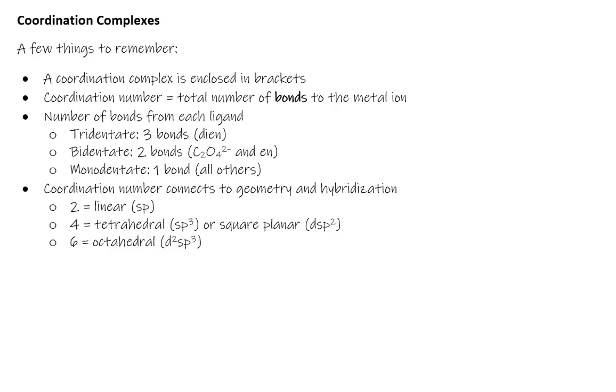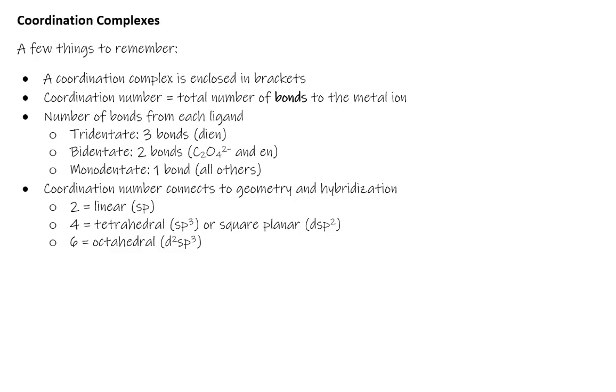It's important to recognize this character of the ligands because a common mistake when determining the coordination number is to count the number of ligands, but we have to make sure we are counting the number of bonds coming from the ligands, and then we add them all up. The coordination number is also connected to the geometry and corresponding hybridization.